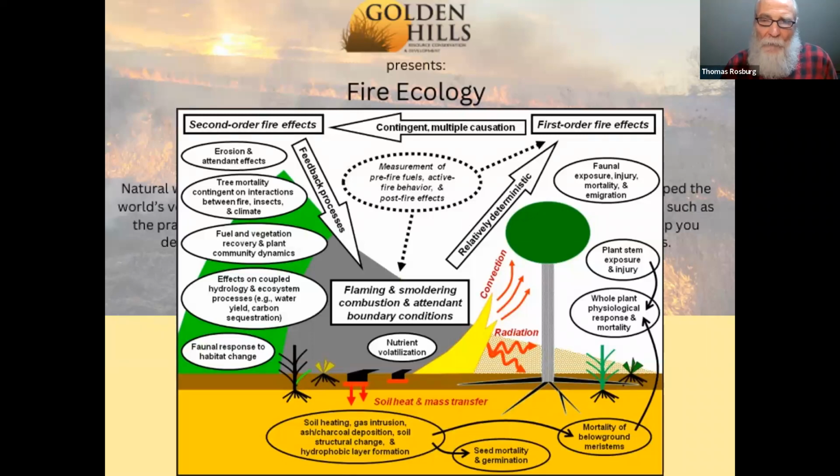I don't think it even has everything that can happen, but it's at least an attempt to show a visual picture that gives you some idea of the myriad things that are connected and can happen when fire does occur. We'll be touching on many of these things, but the idea here is simply that it's a very complex thing. So knowing at least a little bit about it is going to be a big help if you want to apply fire to any of the land management that you're doing.